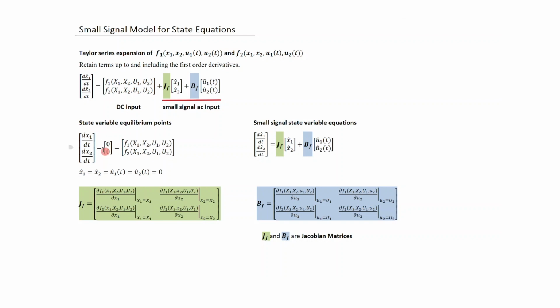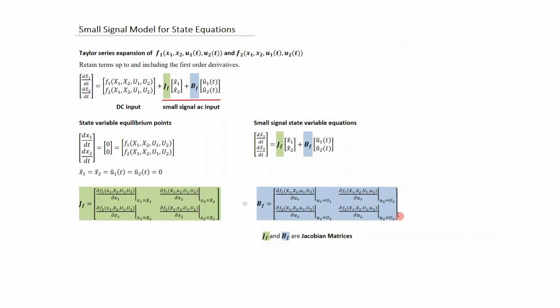Because this is 0, steady state equilibrium is when there are no changes here, no inputs, and by definition this becomes 0, and so this term makes no contribution at all. And so we're left with a small signal model which has this form here, and the matrices are the ones that you see here.